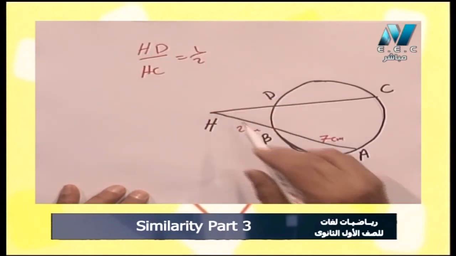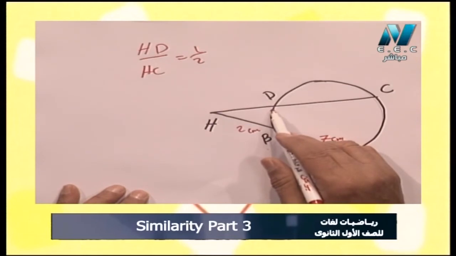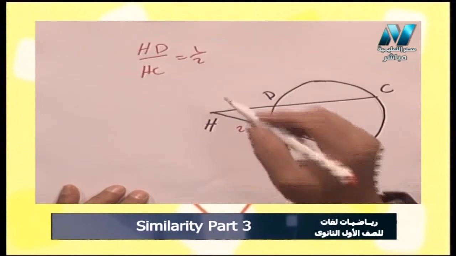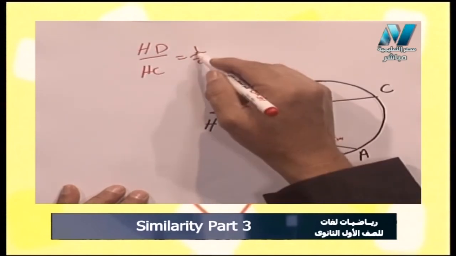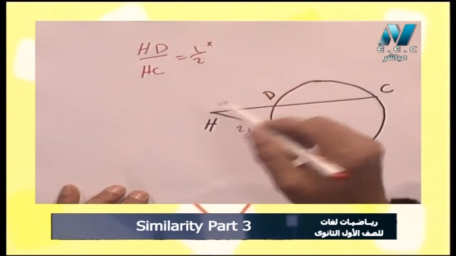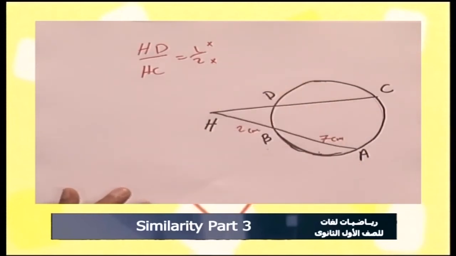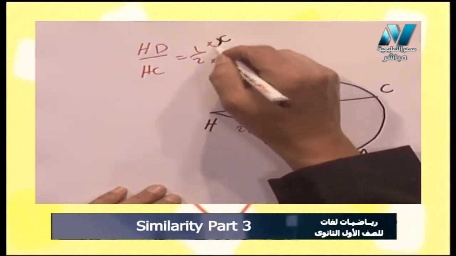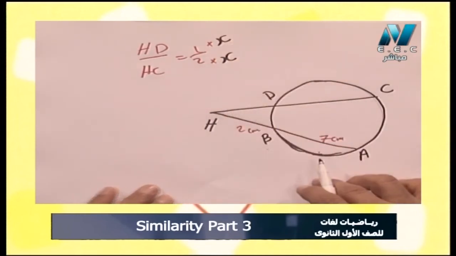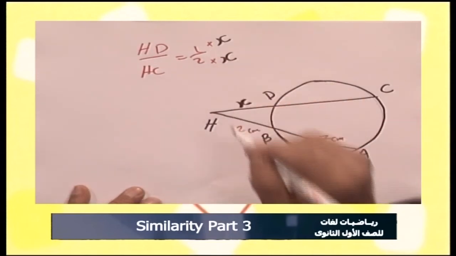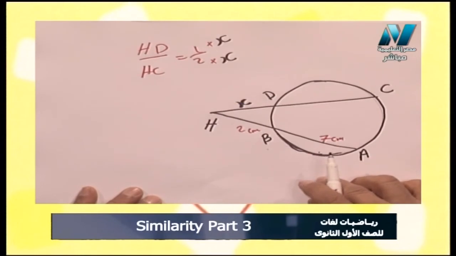So HD equals what? Is it equal to 1? No, it's wrong. It's really 1 multiplied by a number, and HC is 2 multiplied by the same number. We can put this number as x or y or any symbol. So HD will be 1x and HC will be 2x.